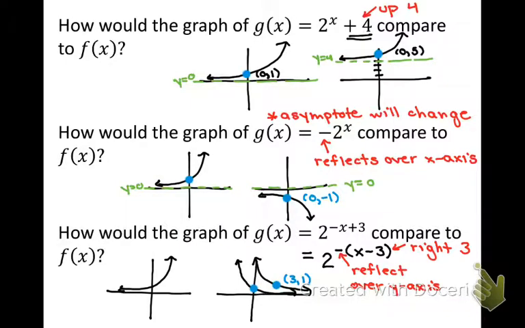Notice that in this situation, did my horizontal asymptote change? No, it still stayed y equals 0. The only time that horizontal asymptote is going to change is if I move my whole graph up or if I move that whole graph down.